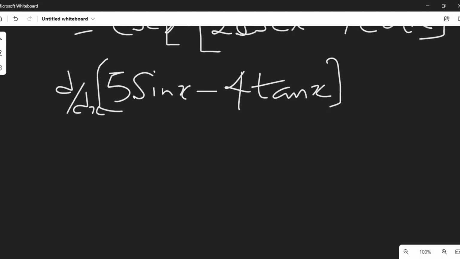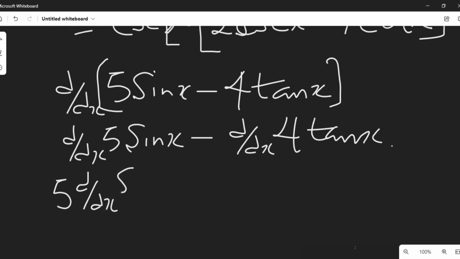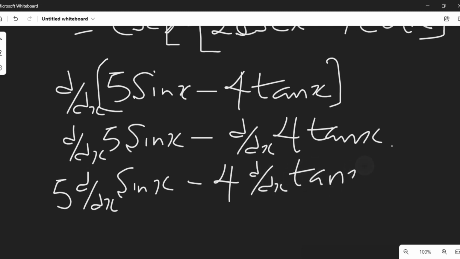Now we'll have to break this or divide this. This will give us dy/dx, the derivative of 5 sine x minus the derivative of 4 tan x. So this will give us 5 multiplied by the derivative of sine x minus 4 times the derivative of tan x.